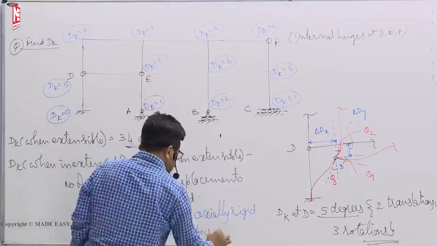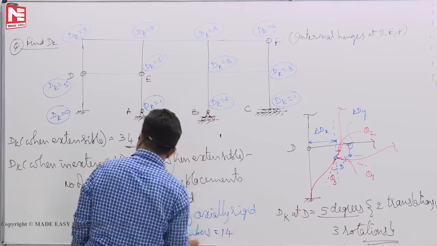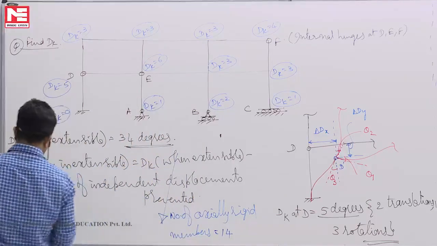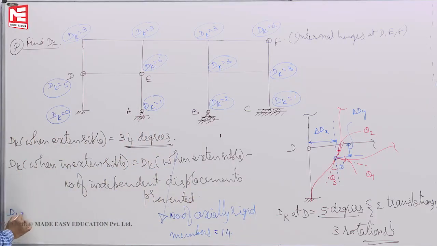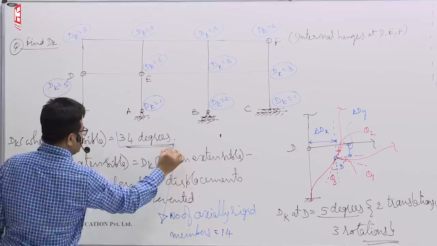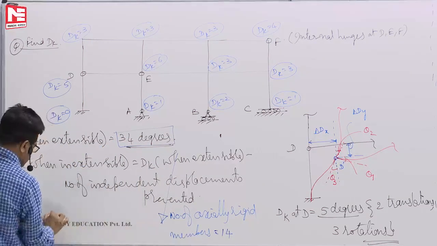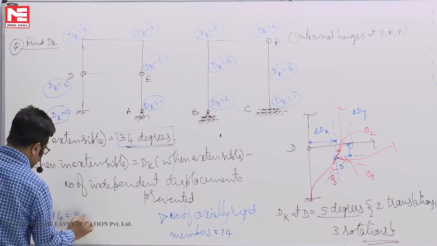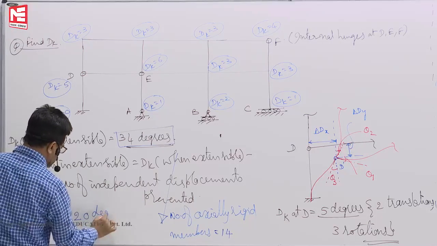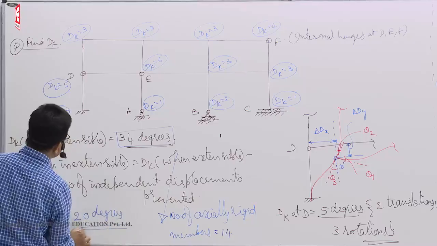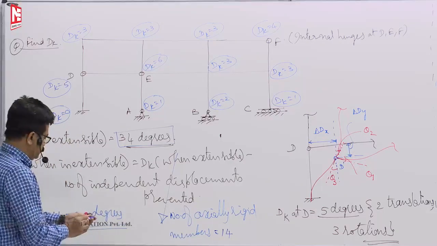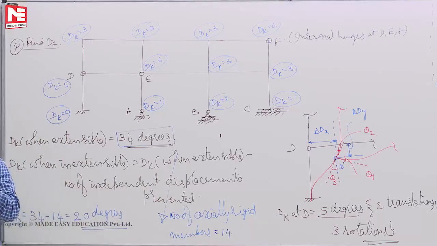So total axially rigid members are 14. So you will get dk equal to the general case 34 degrees minus axially rigid members 14. So you will get 20 degrees. Now what are those 14?